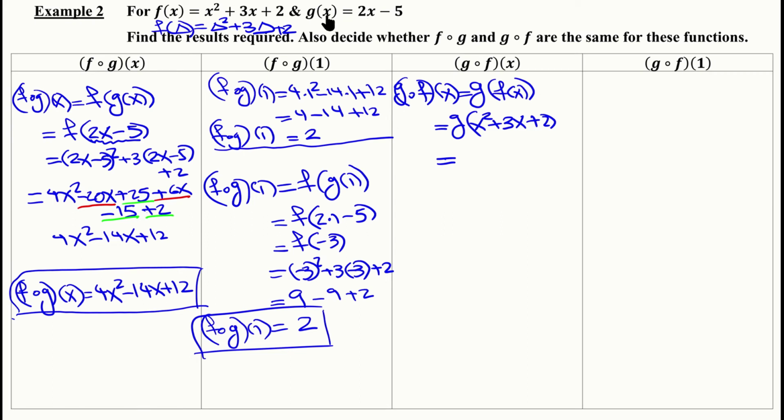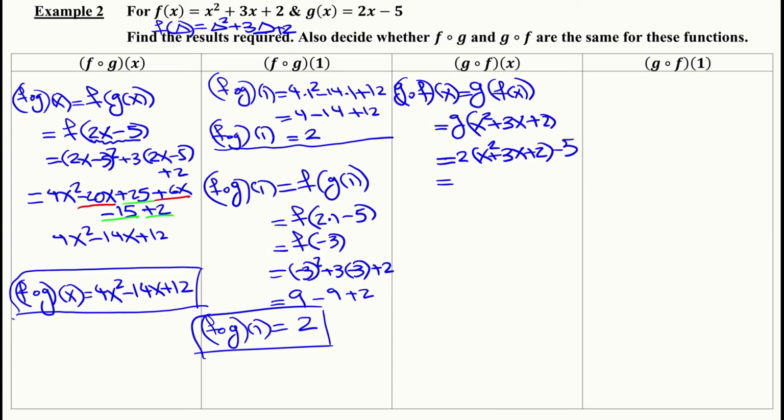So remember, wherever we see x in this definition, we're going to take it and instead of it, we're going to put that. So we're going to get 2 times x squared plus 3x plus 2. Don't forget the minus 5 that comes after.